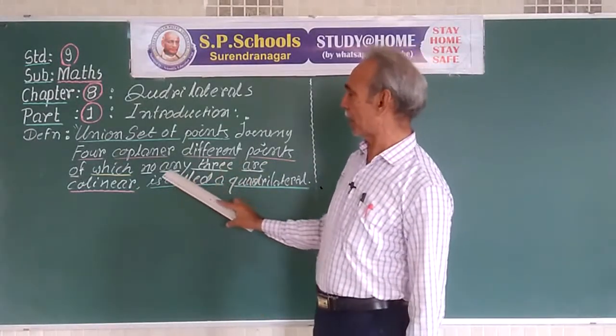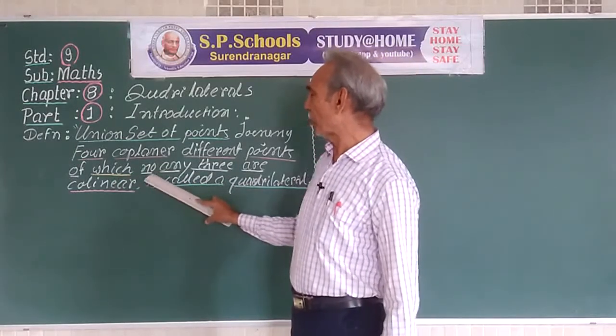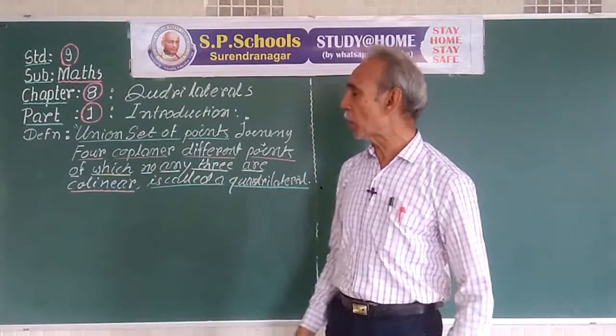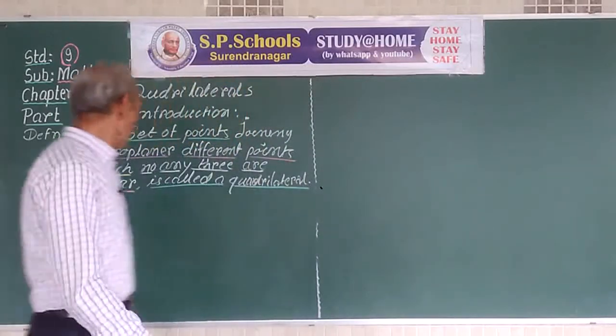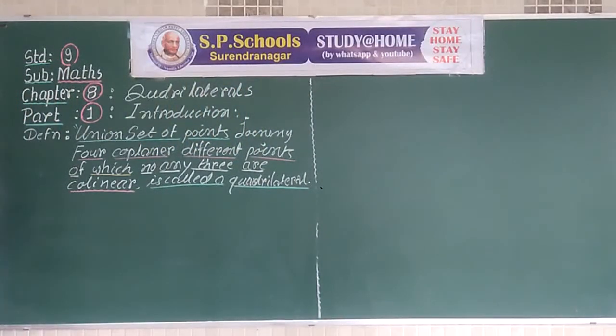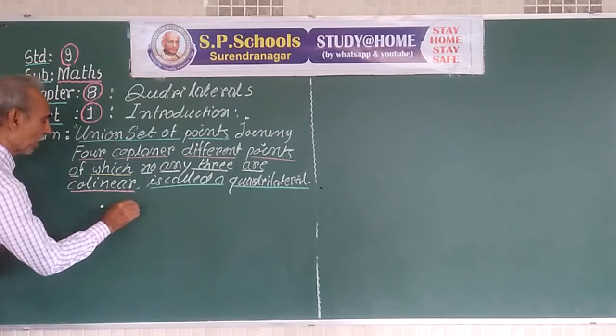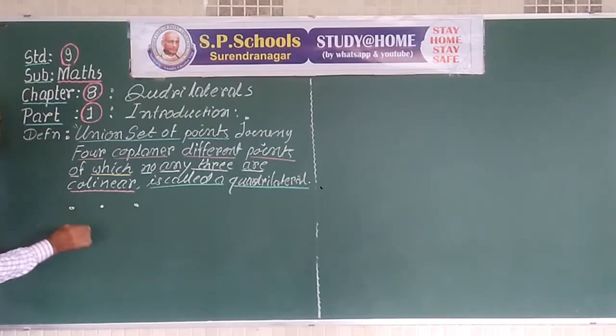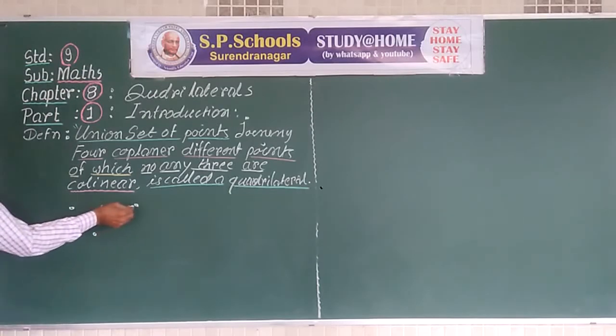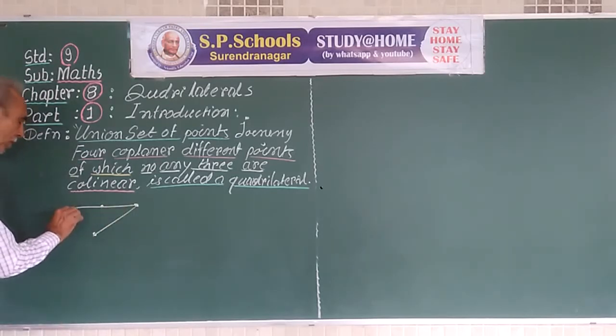The second condition is that out of these, no 3 should be collinear. Suppose we have coplanar points like this, 1, 2, 3 and 4. But out of these 4 points, if 3 are collinear, then joining them, we cannot have a quadrilateral.